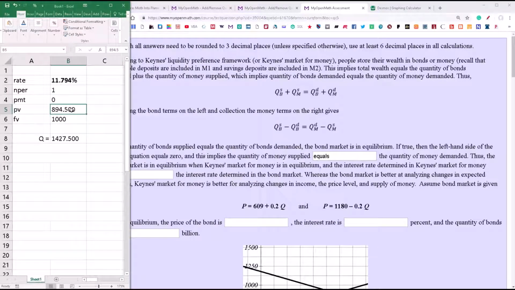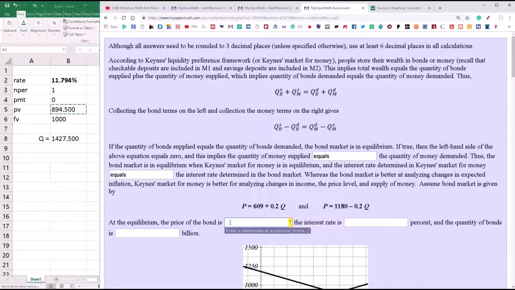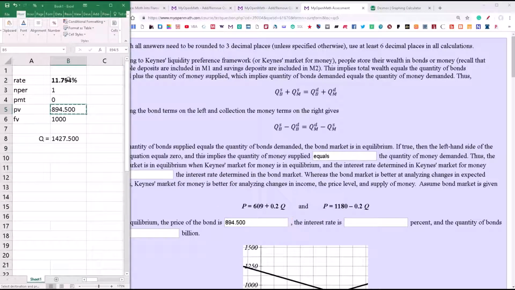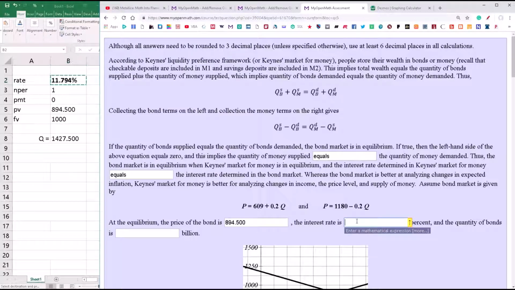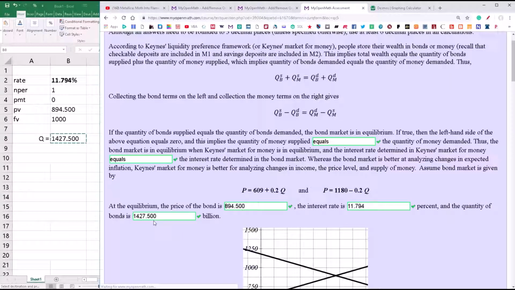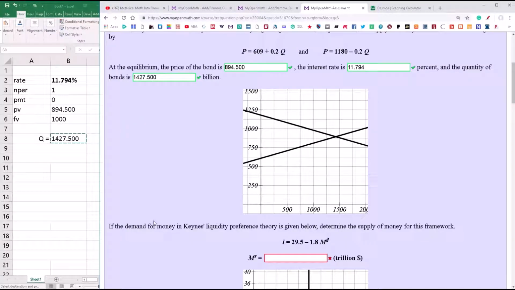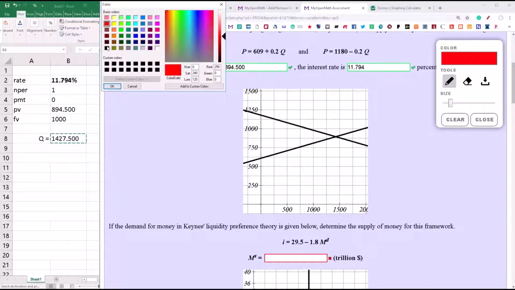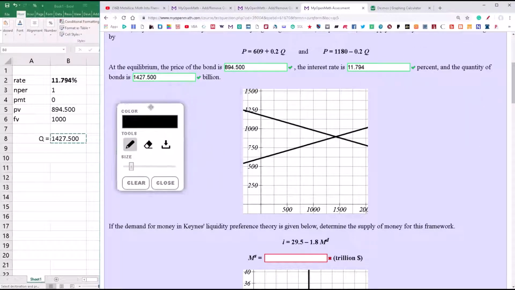The price of the bond is that. The equilibrium interest rate is that. And the quantity of bonds is that. Hit enter, and everything's good to go. Then we're going to label it. So this is the demand, that's the supply, and that's the equilibrium where they meet.